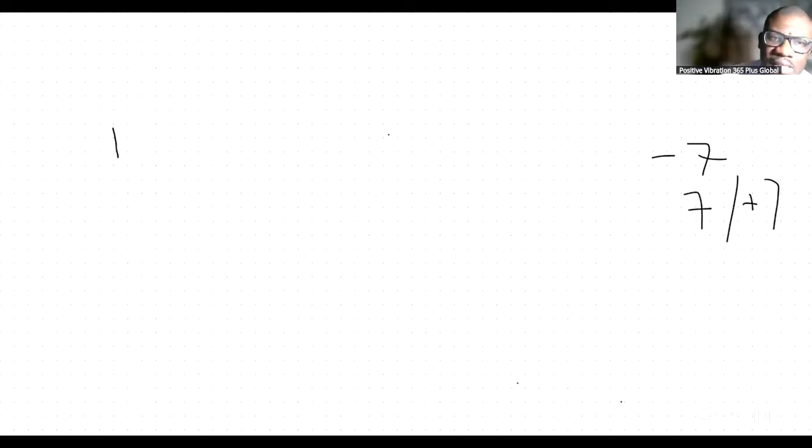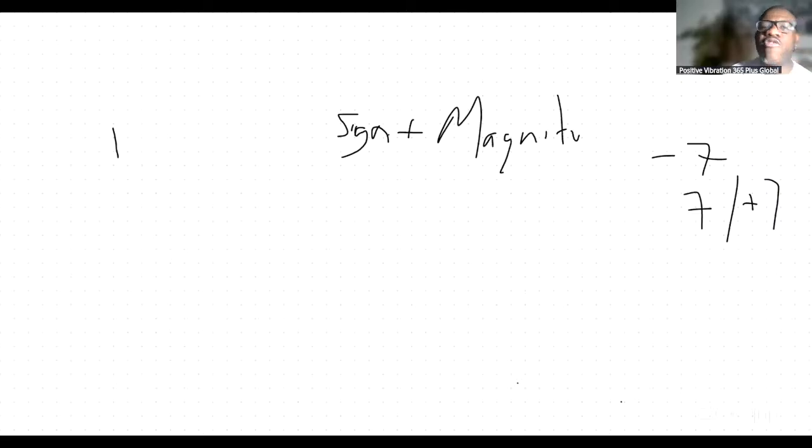Today, we're talking about sign and magnitude. Sign plus magnitude. All this does is show our number is represented as a positive or as a negative number.